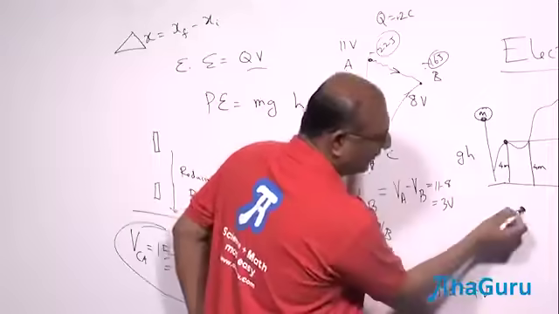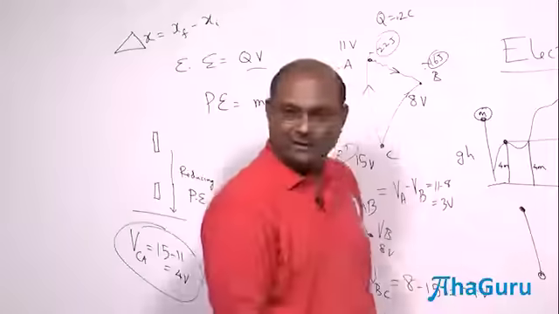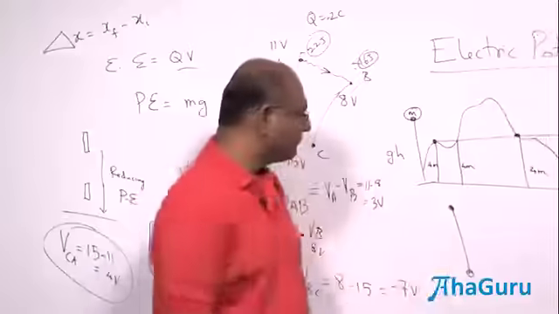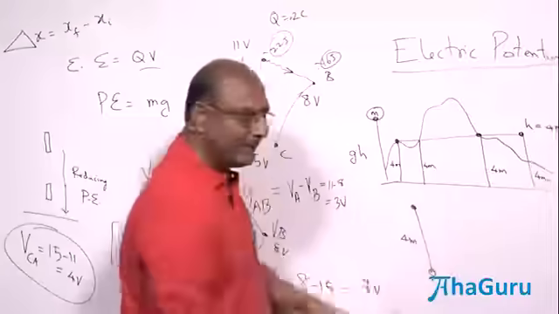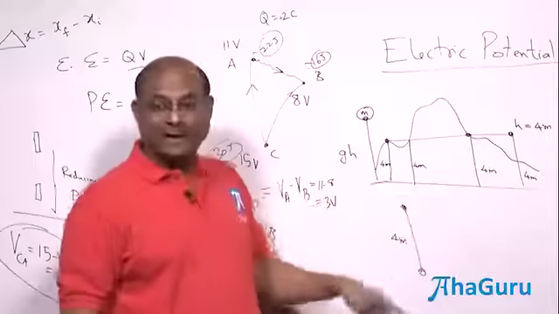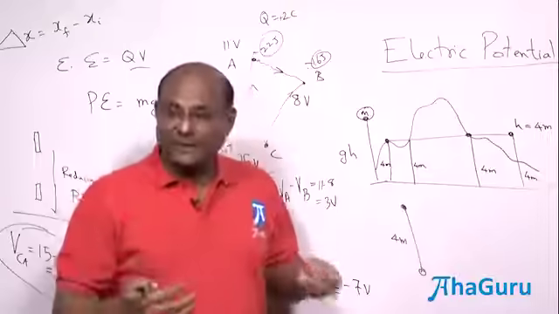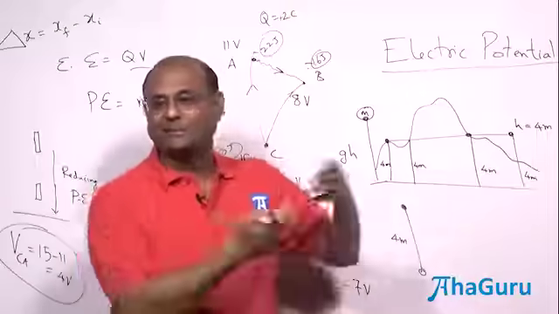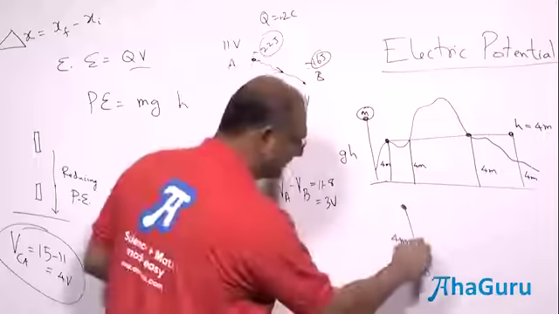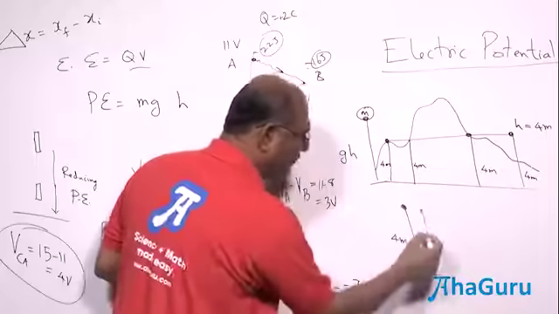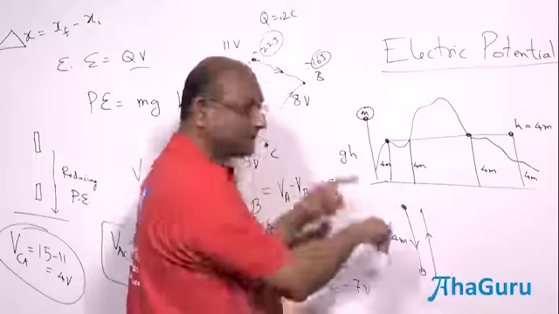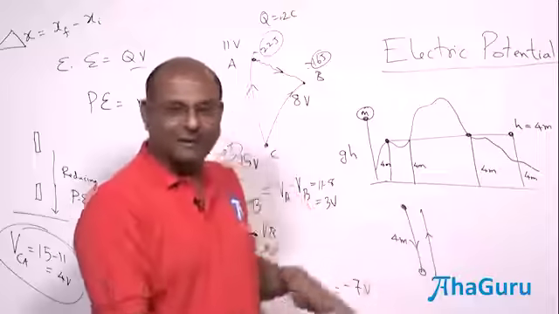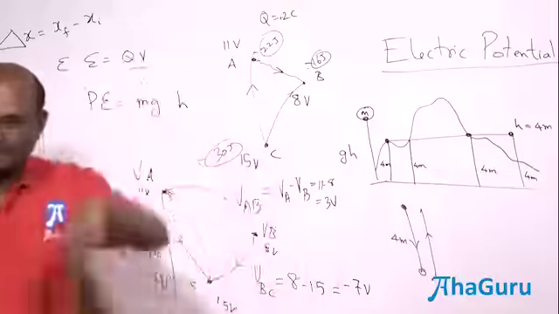If I fall from here to there, I have fallen by 4 meters. If I have gone from here to there, I have risen up by 4 meters. How much have I fallen by? Minus 4 meters. So if this is plus 4, this we usually call minus 4 in terms of falling. Distance is the same, but the fall is a direction, no?